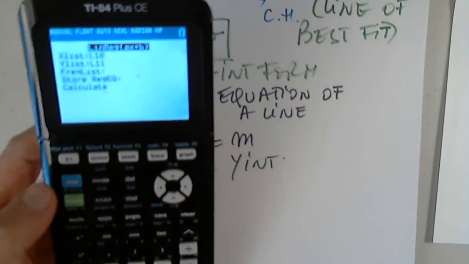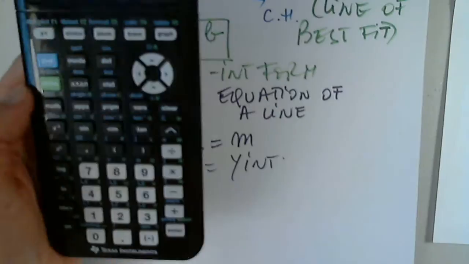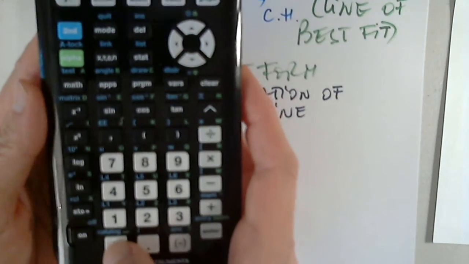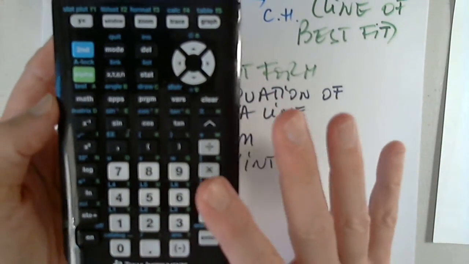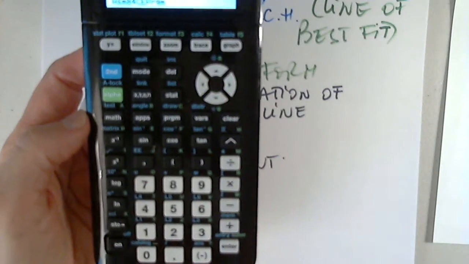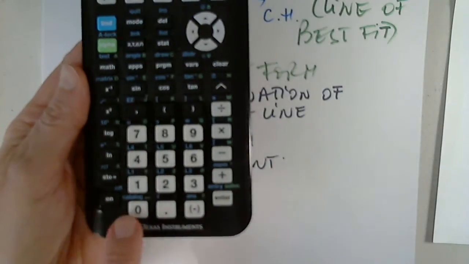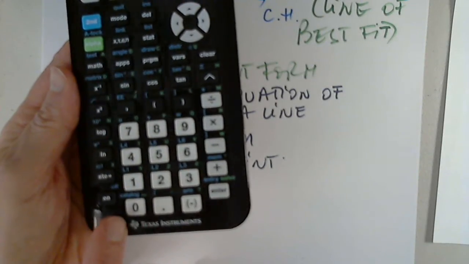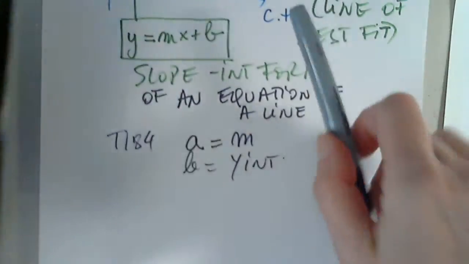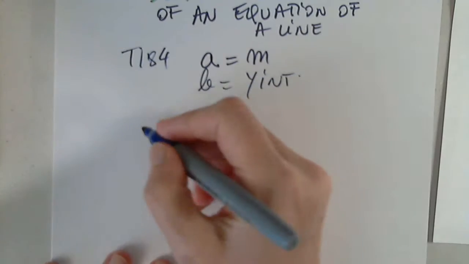Oh, I forgot one thing. Let's start from scratch because you may not have this and I do have it. First of all, let's go to second and catalog. You don't have to do this twice. This is done only once. Press the second key, whatever color you have, and catalog, which is 0. Please scroll down to diagnostic on.